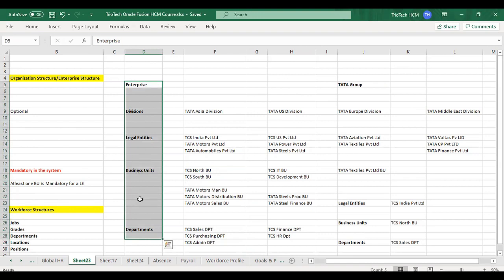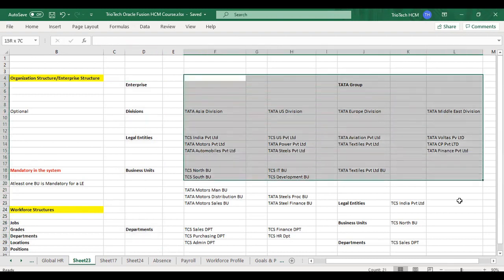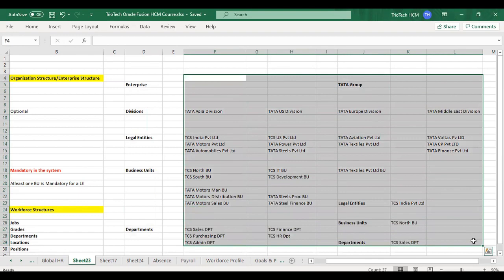So when we go for an implementation project, team, we study the client's existing organizational structure: how they are conducting the business in the market as of now, how many companies they have, how many employees are working in different companies, and under companies, any bifurcations they have in operating that business, like any operational units, and how many departments they have in that particular company.